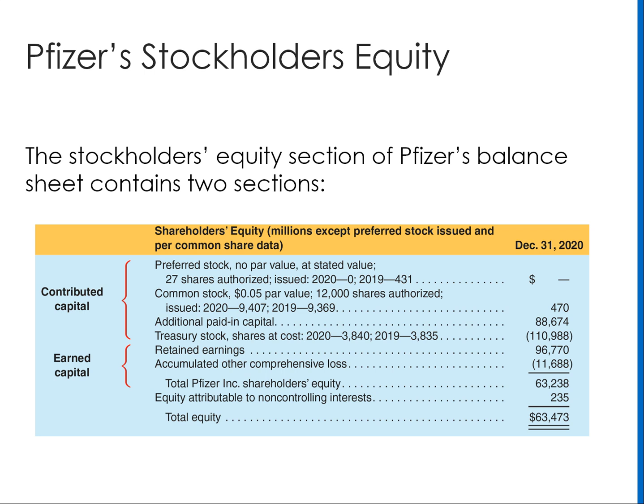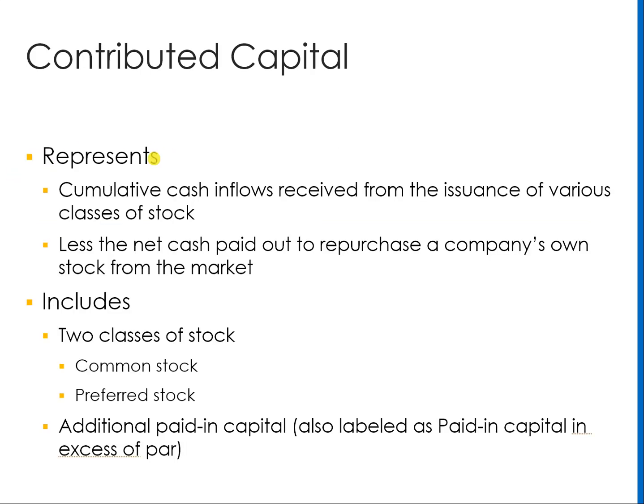So let's start with contributed capital. Contributed capital represents the cumulative cash inflows received from issuance of various classes of stock. Basically, these are invested by investors, less the net cash paid out to repurchase the company's own stock from the market, and this becomes the treasury stock.